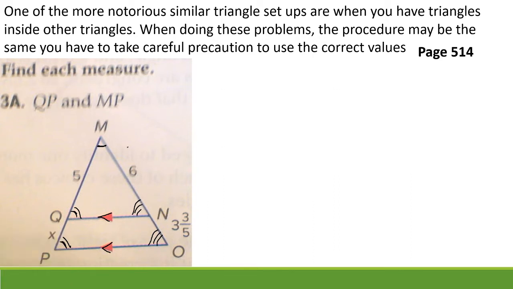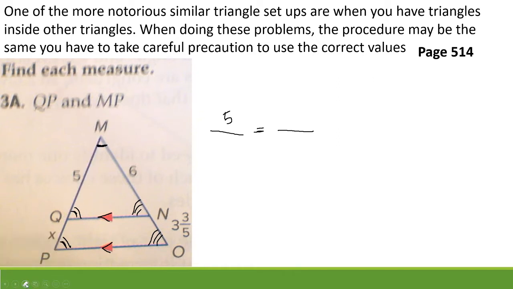So now that I have this marked down, I can start making my proportions here, because again, I need to get two fractions equal to each other. So be very careful how you set this up too. Let's take this side right here, QM. QM is 5 units long, so we'll put a 5 up here. Now QM is matched up with the single arc and the double arc angle. So what would that match up with in the big triangle?